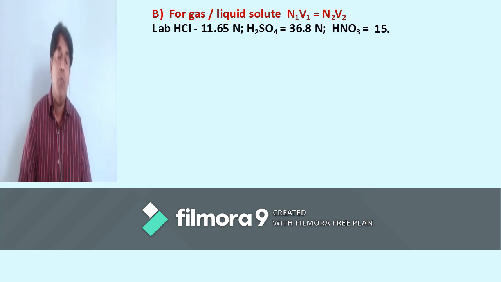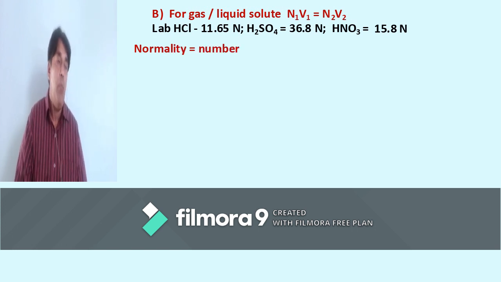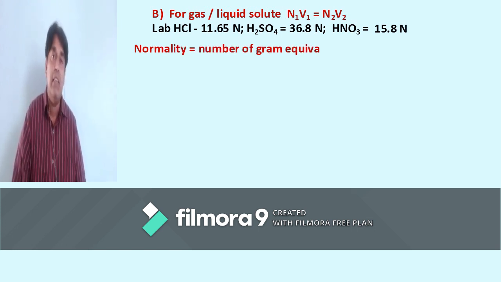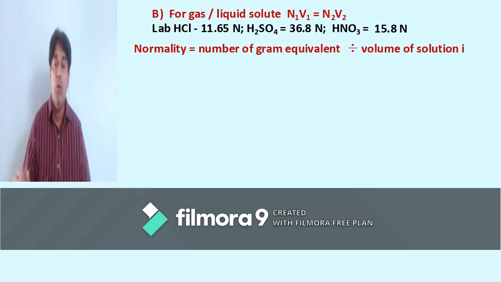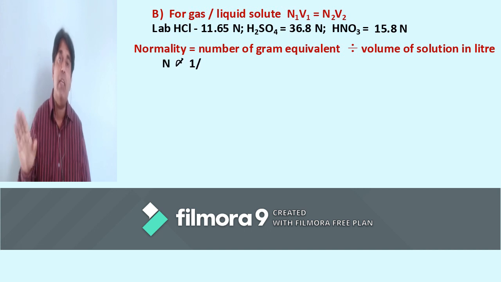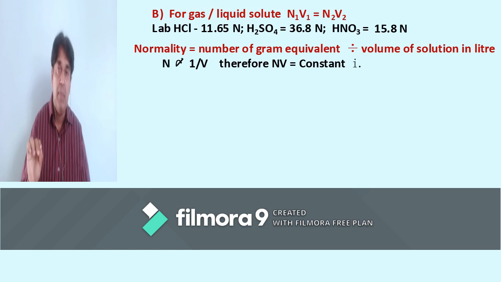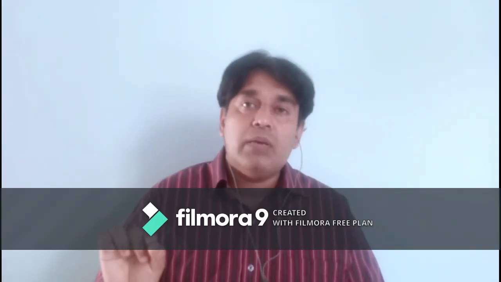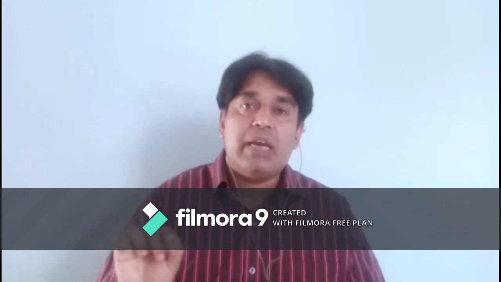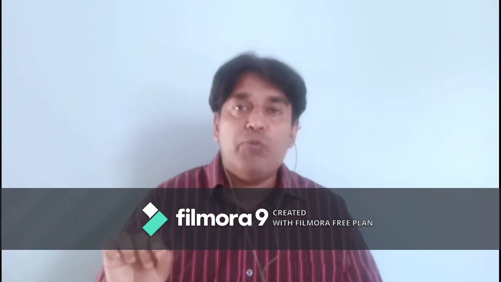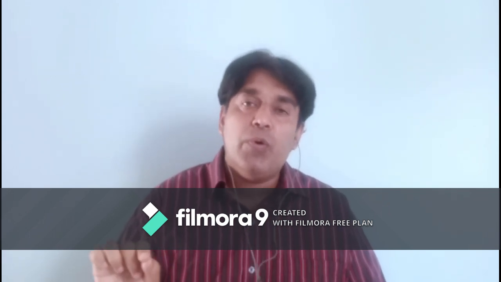We know that the formula for normality equals number of gram equivalents upon volume of solution in liters. Means normality is inversely proportional to volume. When volume increases, normality decreases. Therefore, normality is inversely proportional to volume. Hence, N into V equals constant. Therefore, NV equals N1 V1 equals N2 V2 equals constant.